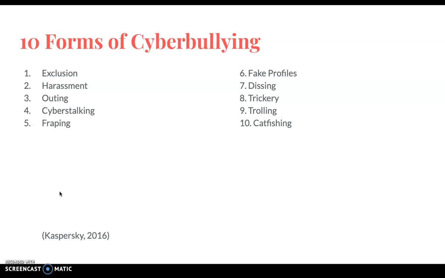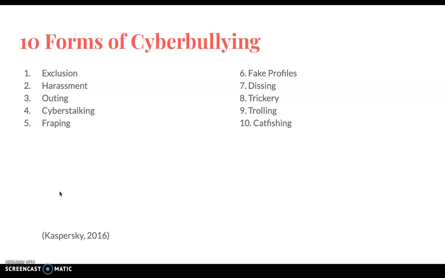That would be me making a fake profile in order to cyberbully without trying to get caught, which is never good. Dissing, that is when you are sending or posting cruel information.